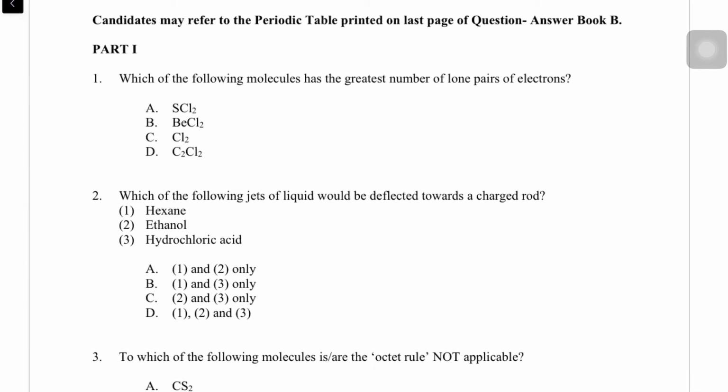The first question: the following molecule has the greatest number of lone pair electrons. So here we draw each one of them. This one, we got 1, 2, 3, 4, 6, 7. So there are 8 lone pairs.